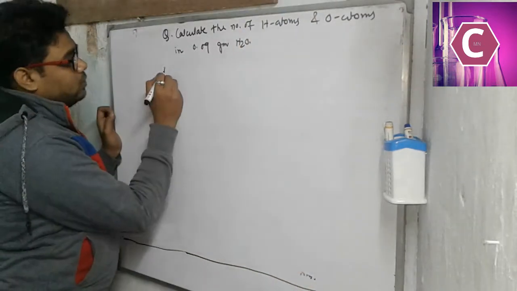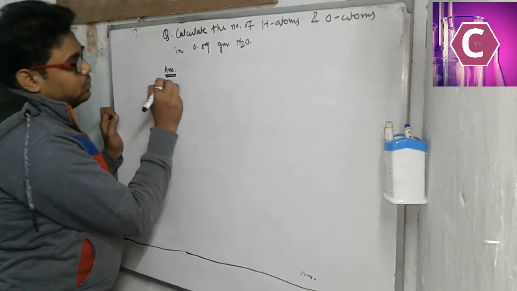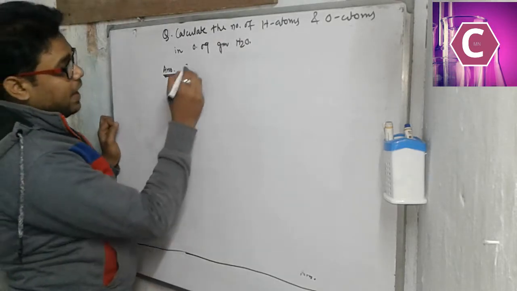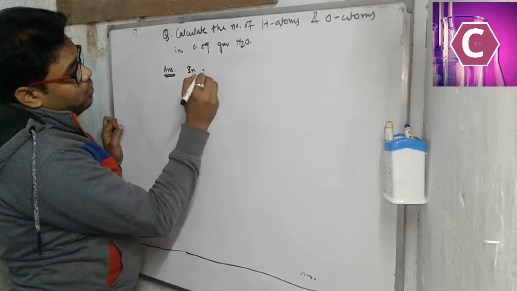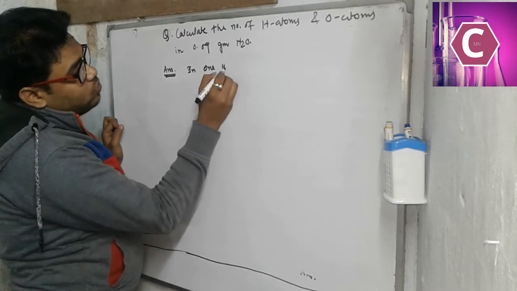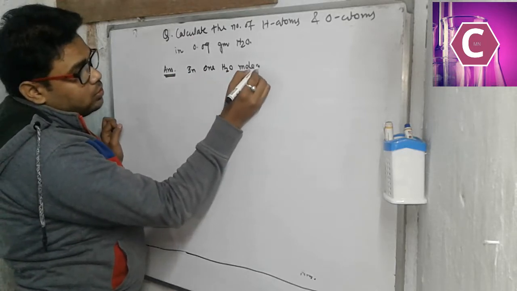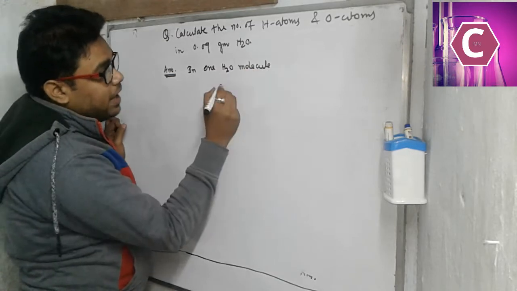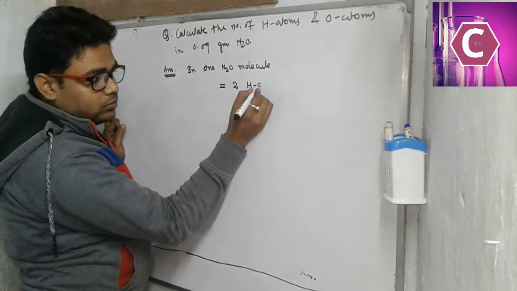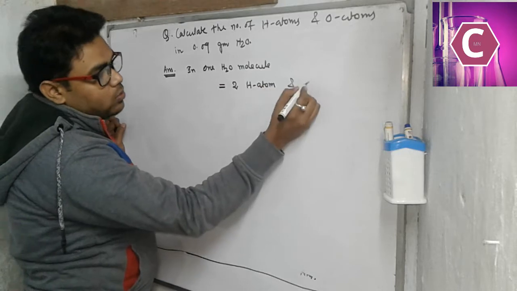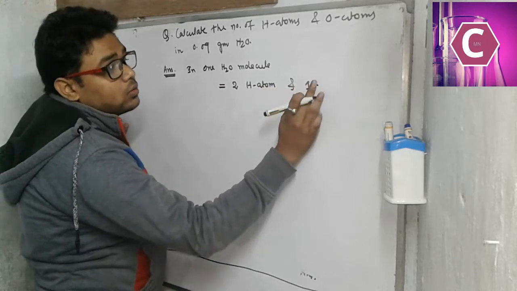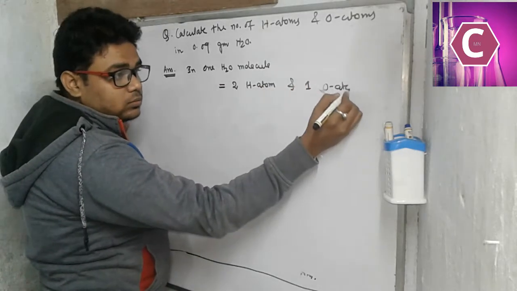First, it is well known that in one H2O molecule, it has 2 hydrogen atoms and 1 oxygen atom.